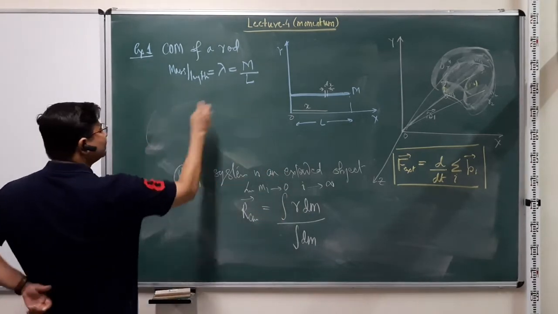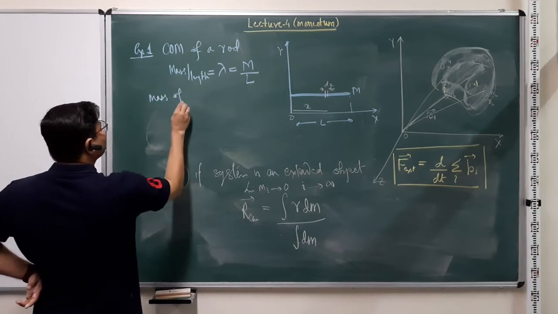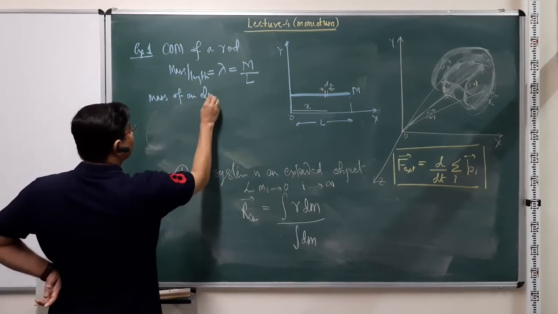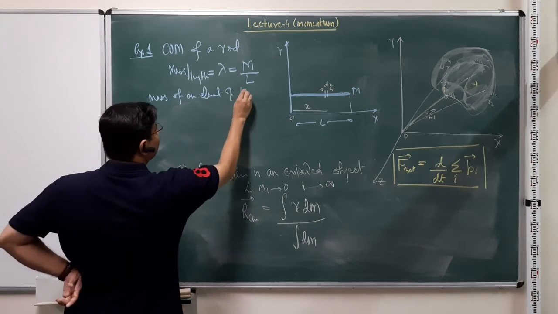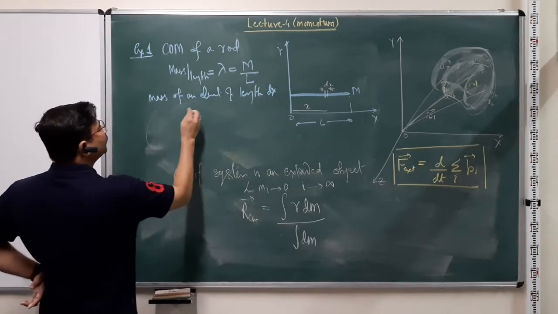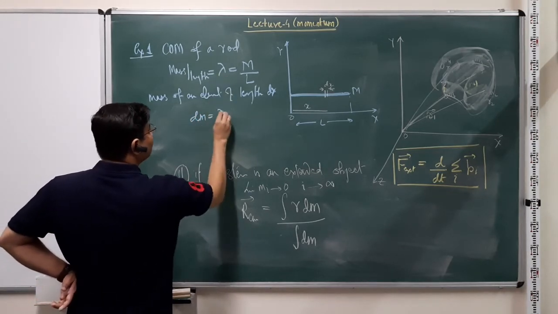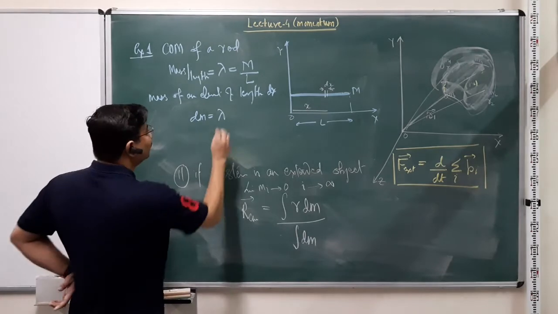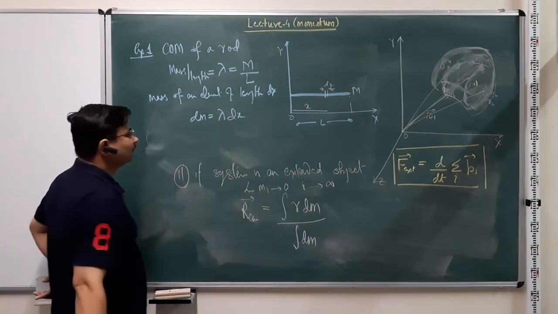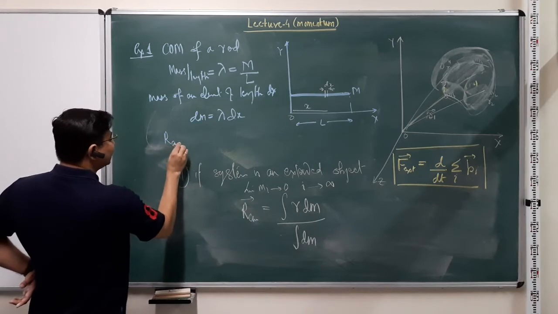So let's find out the mass of an element of length dx: dm is equal to the mass density times the length of the object, so lambda dx.